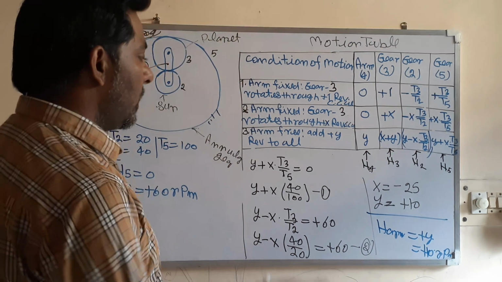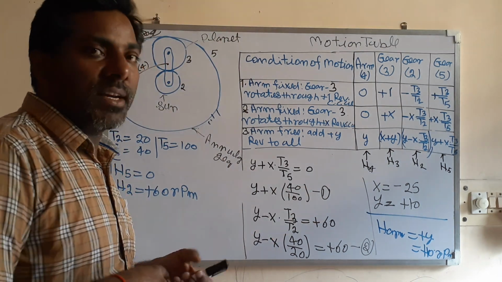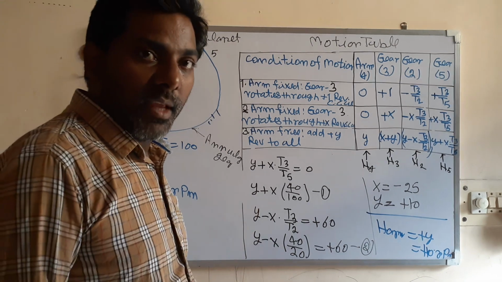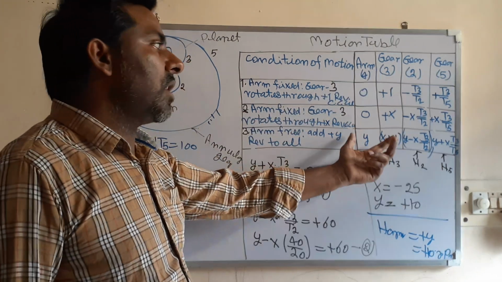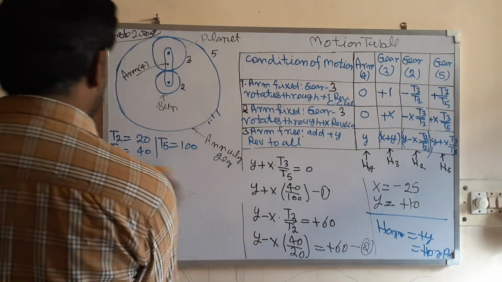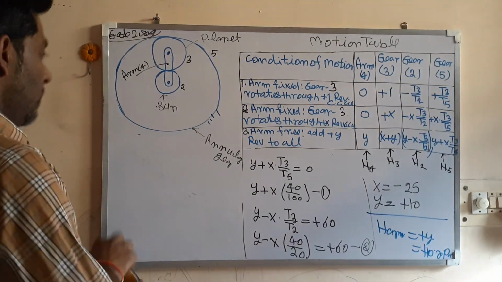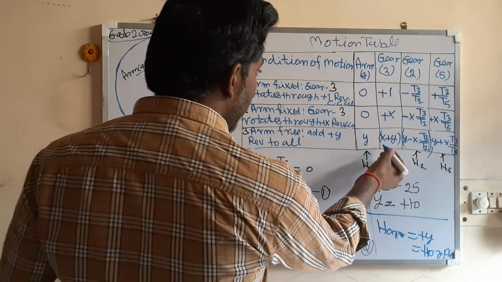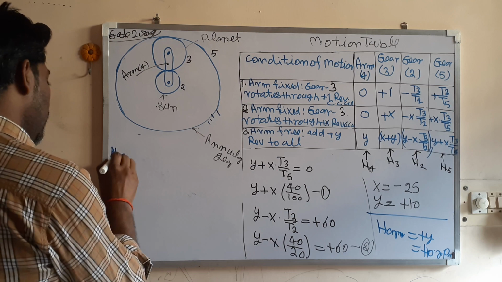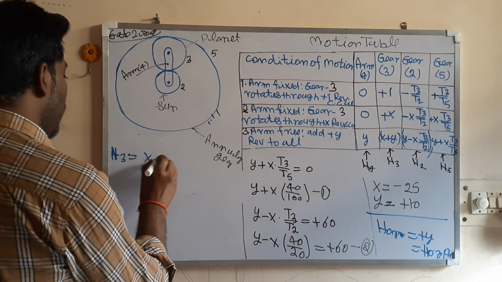Also, they are not asking in the question, but if he is asking what is the speed of gear 3, which is unknown, it can be calculated. Let us see how. The speed of gear 3, N3, is equal to x plus y.